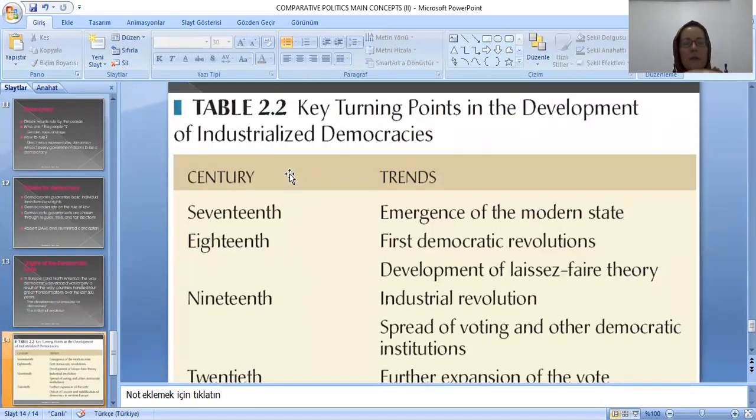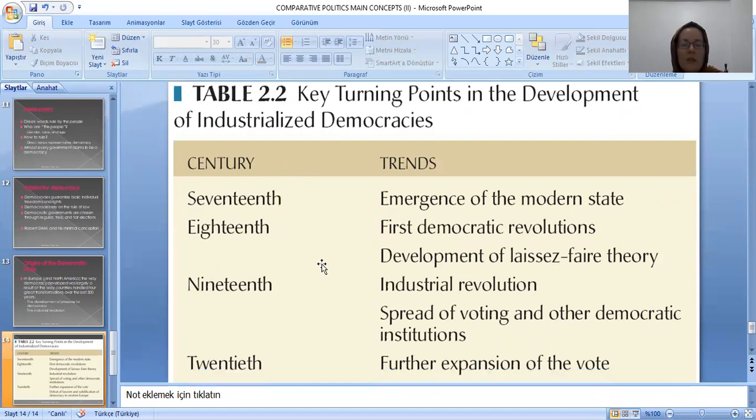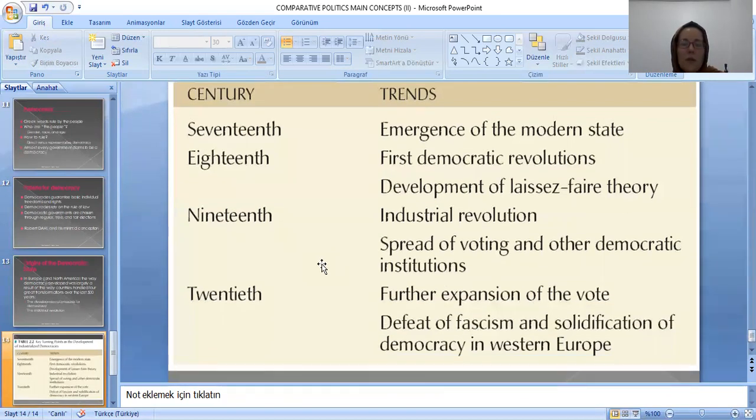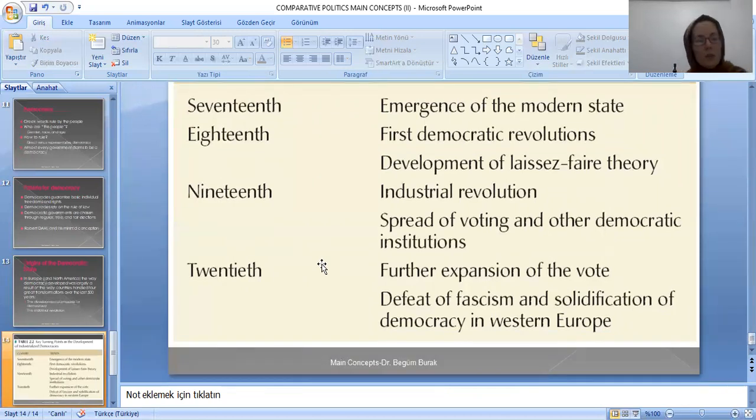Here, in this table, we can see the development of industrialized democracies. In the 17th century, the emergence of the modern state after the Westphalia peace. In the 18th century, first democratic revolutions. Also the 19th century industrial revolution. In the 20th century, further expansion of the vote, defeat of fascism, and solidification of democracy in Western Europe.